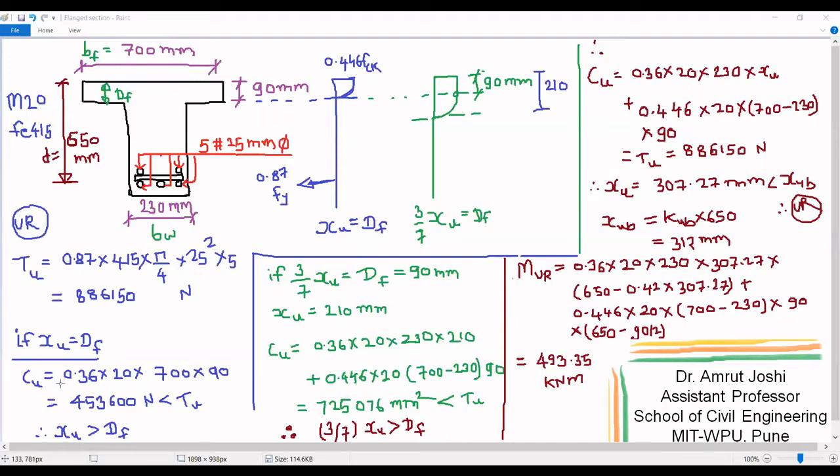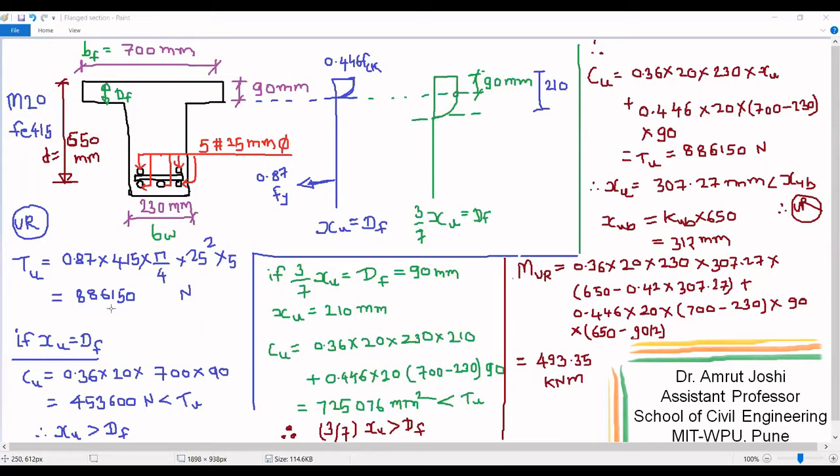So in that case, Cu will be equal to 0.36 into FCK, that is 20, multiplied by uniform width BF, that is 700, multiplied by XU, but XU is assumed to be at DF, therefore it is 90. If we work that out, Cu turns out to be 453600 Newton. This value is less than the value of Tu.